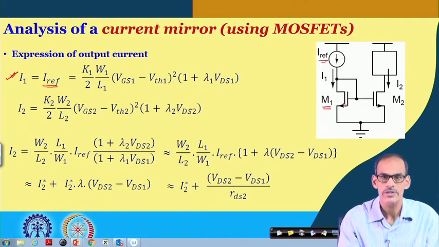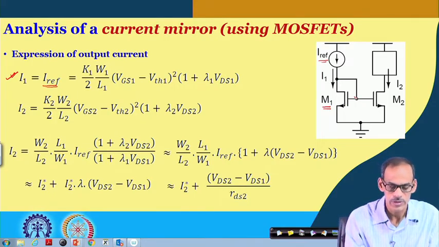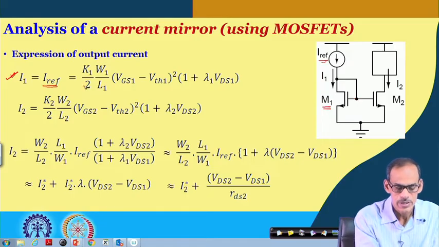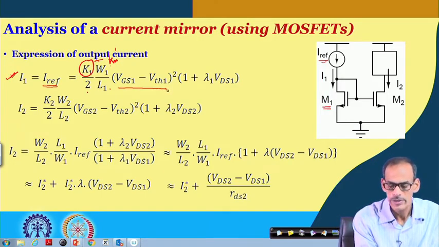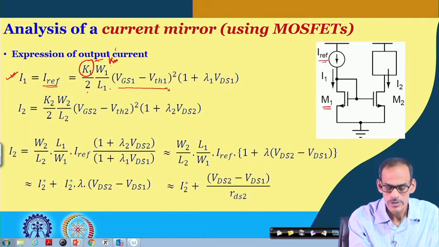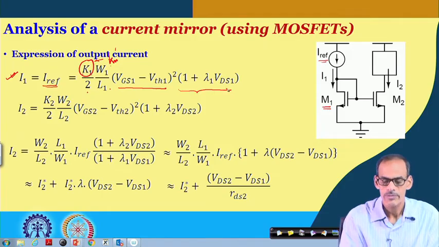In fact, this transistor is in saturation because its drain and gate are connected together, and its expression is K divided by 2 W by L of the transistor, typically referred to in textbooks as K n dash, the transconductance parameter, multiplied by VGS minus VTH of the transistor squared, and then 1 plus lambda into VDS of the transistor.